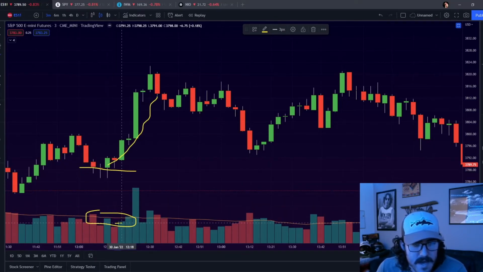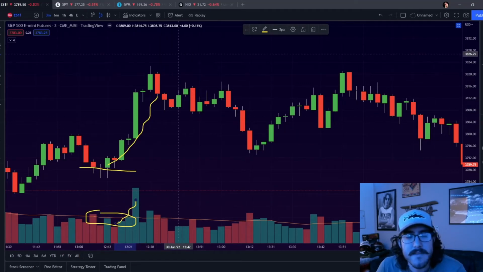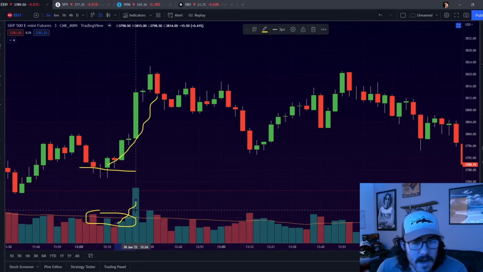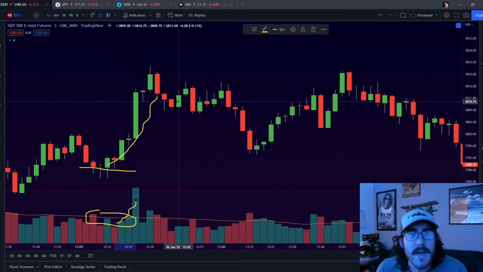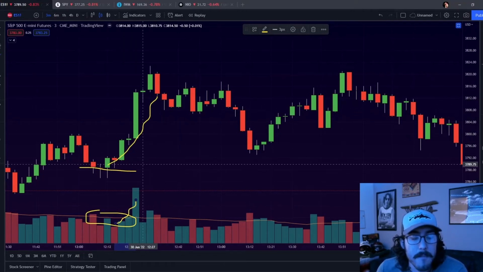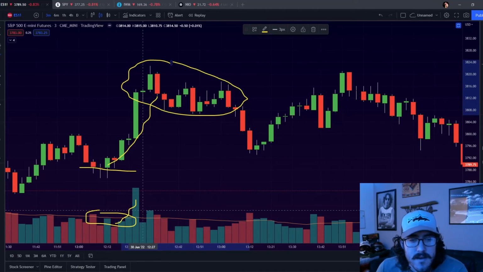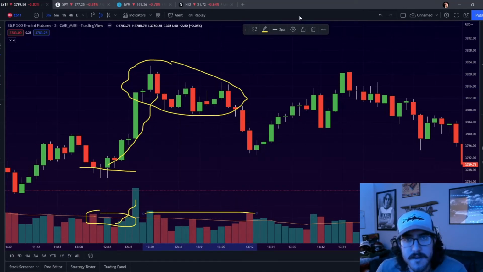And then we see a massive spike up in price as well as volume. So you can see how when we get a volume spike, what that can do to the price action. And then immediately after volume pulls back, price begins to level off during this period. And we can see the volume showing that as well within this range here.